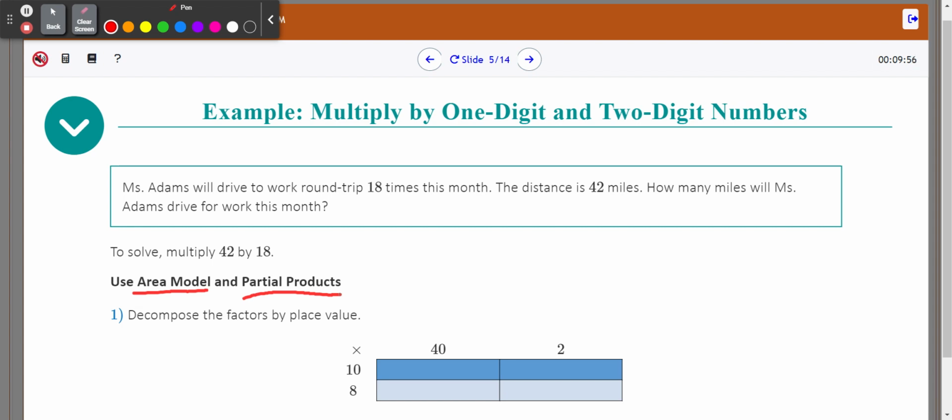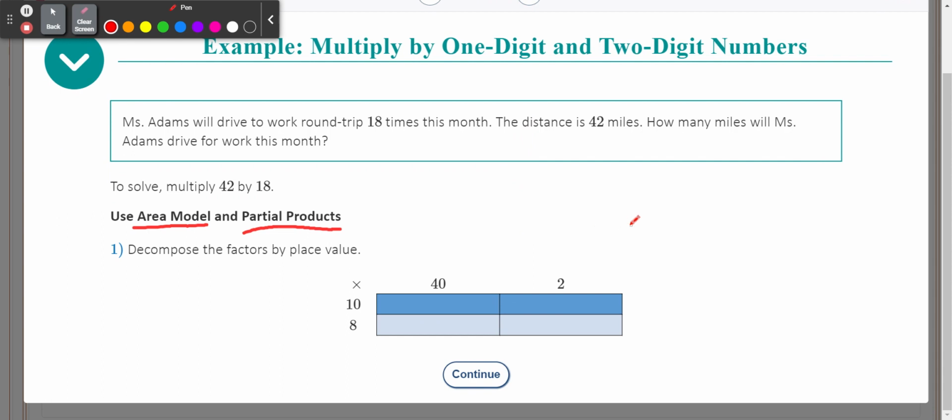Similar to what we did before, we're going to break apart these numbers based on their place values. Let's look at the number 18. 8 is in the ones column, so its value is 8. I'm going to write 8 here. And then 1 is in the tens column, which means it has the value 10. So one row is 10, one row is 8.